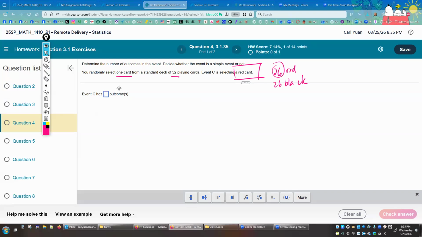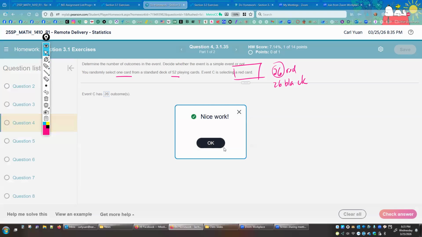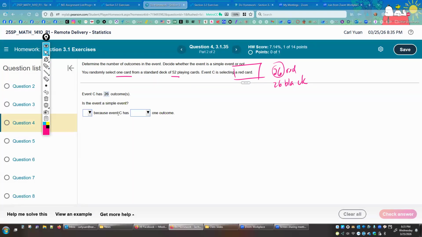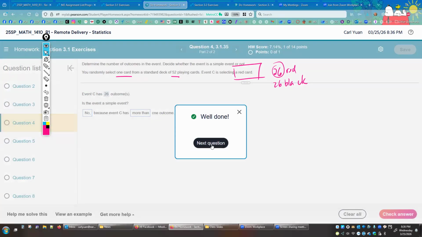The hearts and the diamonds are red. So 26 outcomes. Next question. Is the event a simple event? It can't possibly be. Way too many possibilities. So no, because event C has way more than one outcome.